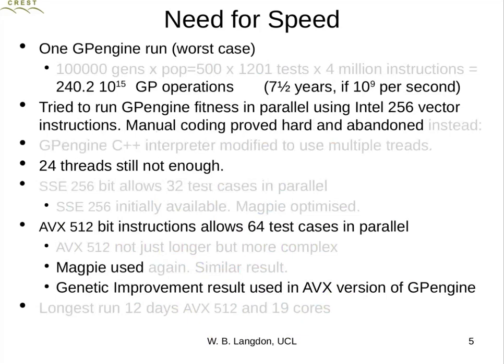So what I'm going to be talking about is the last set of Magpie experiments, looking at evolving the linear GP interpreter, just the interpreter part of the linear GP system, using Magpie and concentrating on the more powerful AVX version.